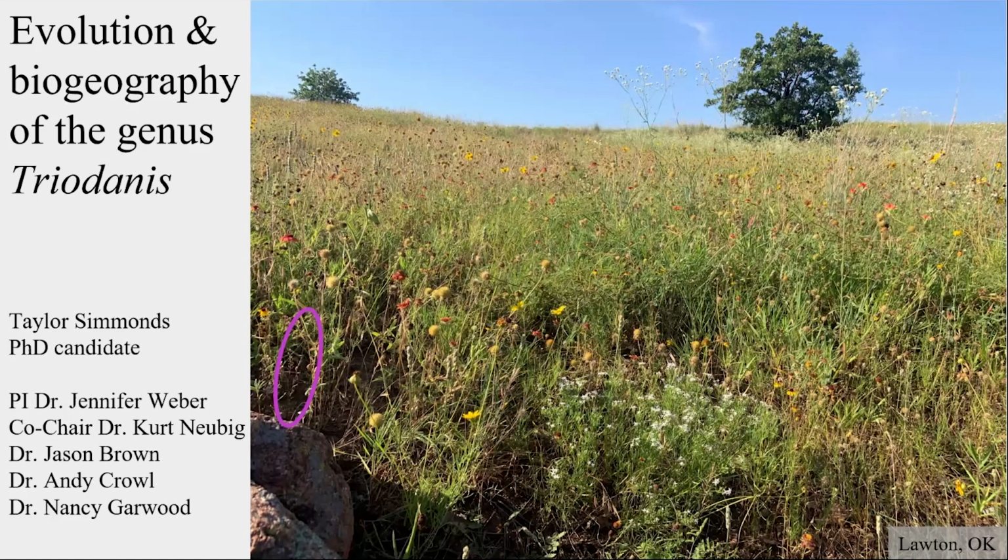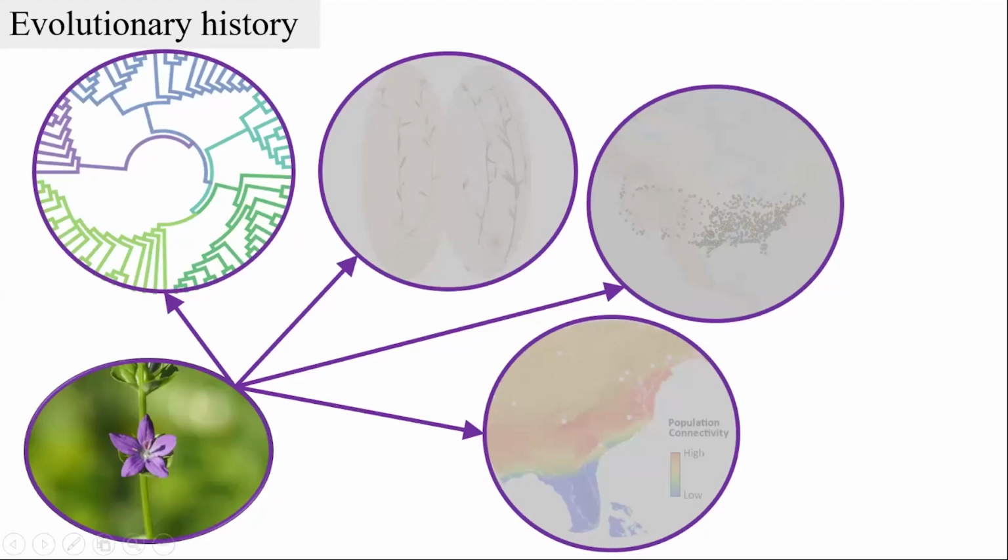I'm really excited to share my research with you all over the evolution and biogeography of the genus Triodanis. So my dissertation broadly covers four topics over three chapters using the wonderful Triodanis here to explore different ecological and evolutionary patterns. And I did this through a couple different means, primarily by exploring and understanding the evolutionary history through a genus-wide phylogenetic study.